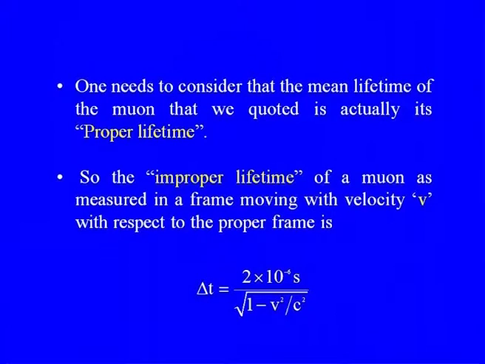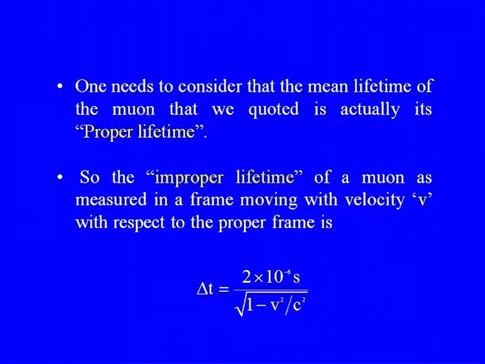The measurement of the time and the measurement of the distance this muon has traveled should be done in the same frame. So, this improper lifetime of the muon is as measured in a frame moving with this velocity v with respect to this proper frame.